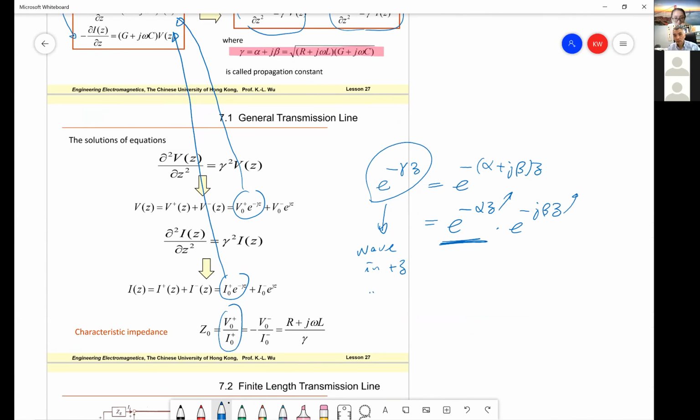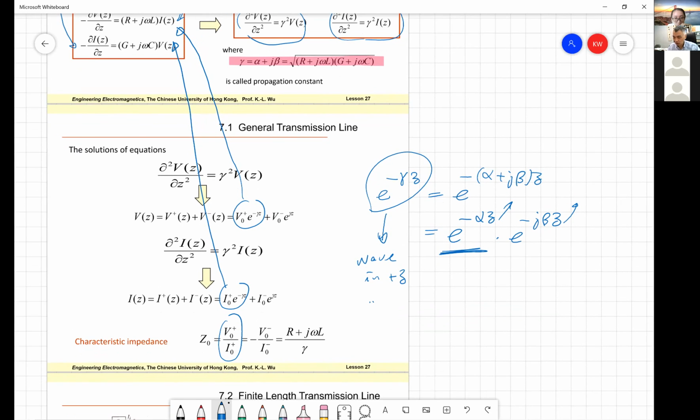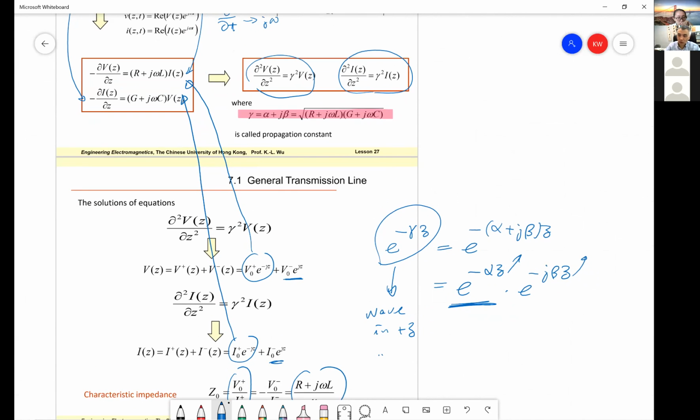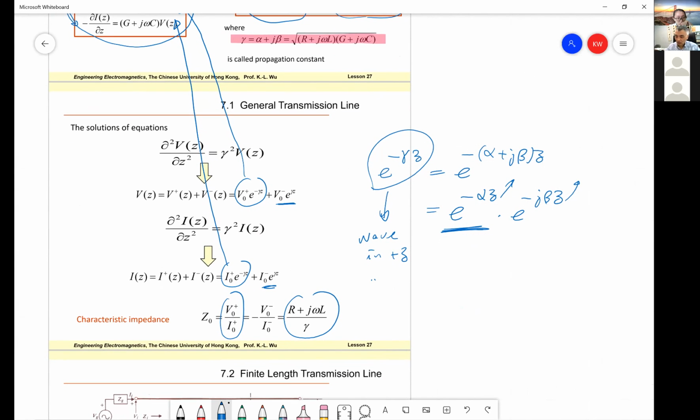this ratio equal to this. This is still from the differential equation. If you substitute the wave propagating in the minus z direction into this general equation, you get this relation.